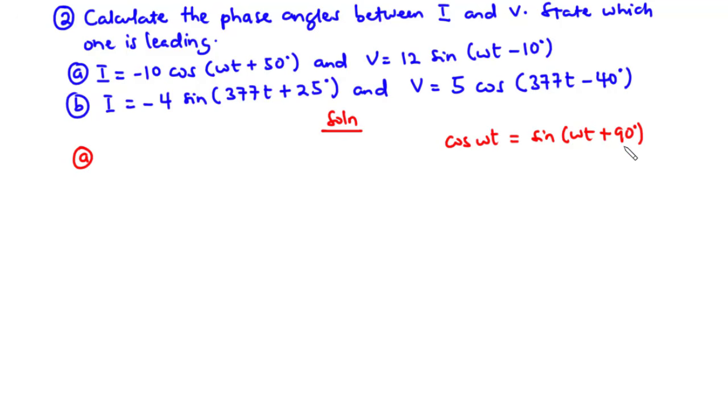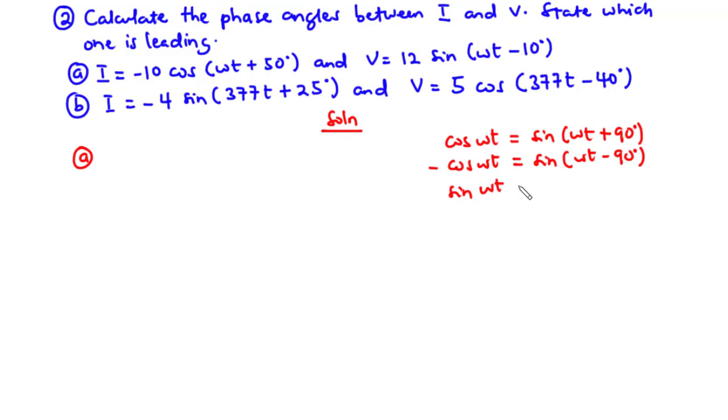That is, you are going to add 90 degrees to the phase angle. Now if you have negative cos omega t, then basically that is equal to sine omega t, this time we are going to subtract 90 from the phase angle.